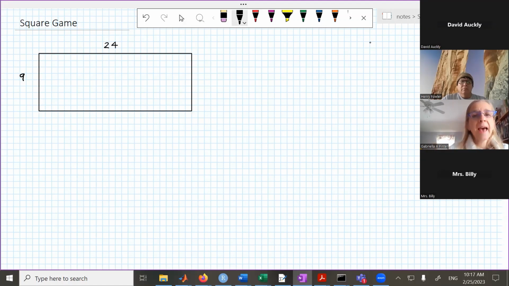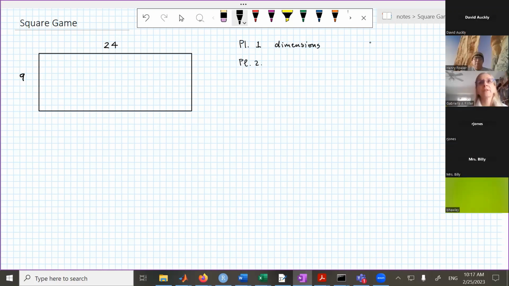So this is player 1 choosing the dimensions of the rectangle. Then player 2 needs to draw in the largest square possible in such a way that it is flush with the shorter side of the rectangle.